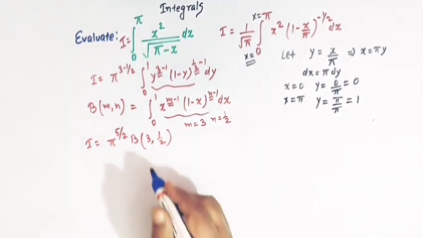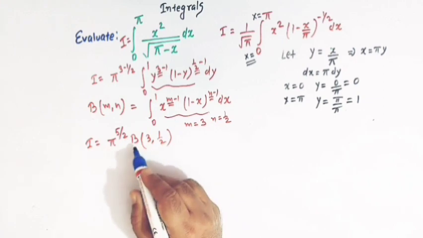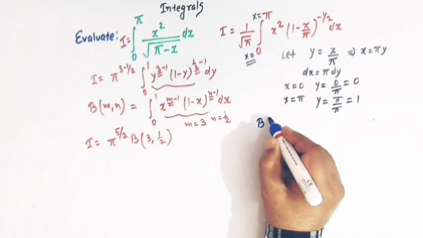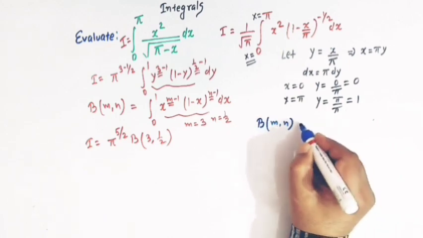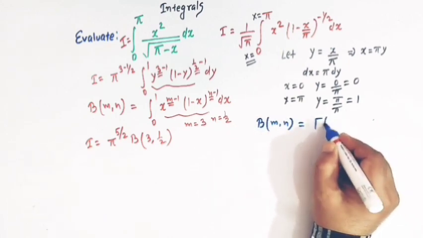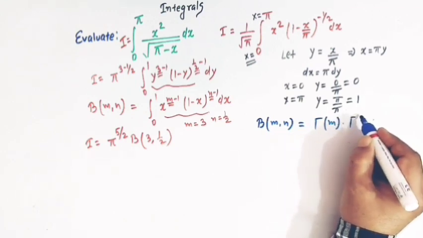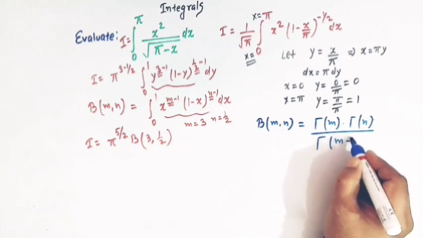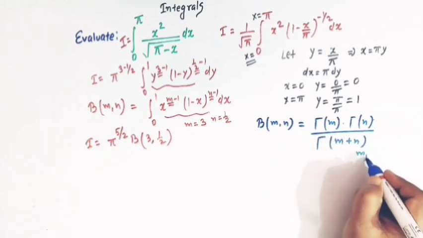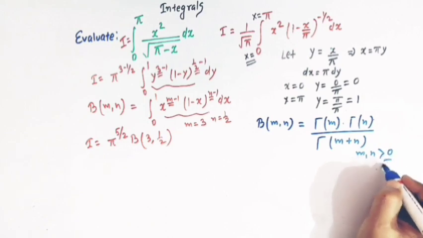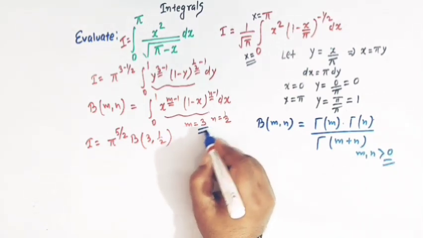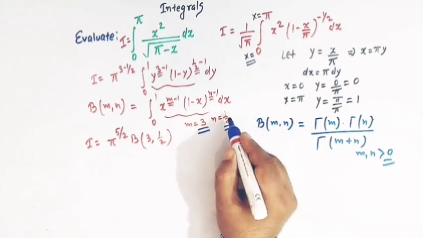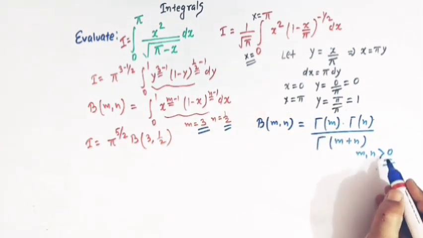Now let us make use of one important relation between beta function and gamma function, right? Now see, beta of m, n is defined as gamma of m multiplied by gamma of n divided by gamma of m plus n, right? Where m and n are both greater than 0. So here we have m is equal to 3, n is equal to half, and 3 and half are both greater than 0, right?